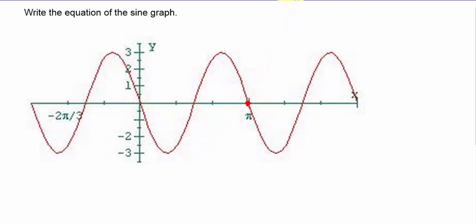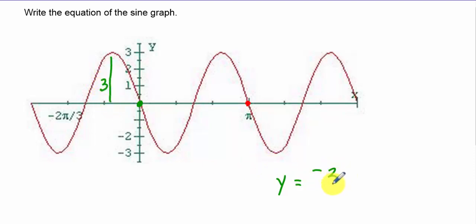Finally, we're asked to write an equation of this graph, and they tell me it's a sine graph. I look at it, and it makes some sense. I notice that at 0, I have 0, except I notice instead of going up, this goes down. So I must be multiplying by a negative, first of all. So I'm going to do this, sine y equals a negative. And then I notice that I'm going from a midline to a height of 3.